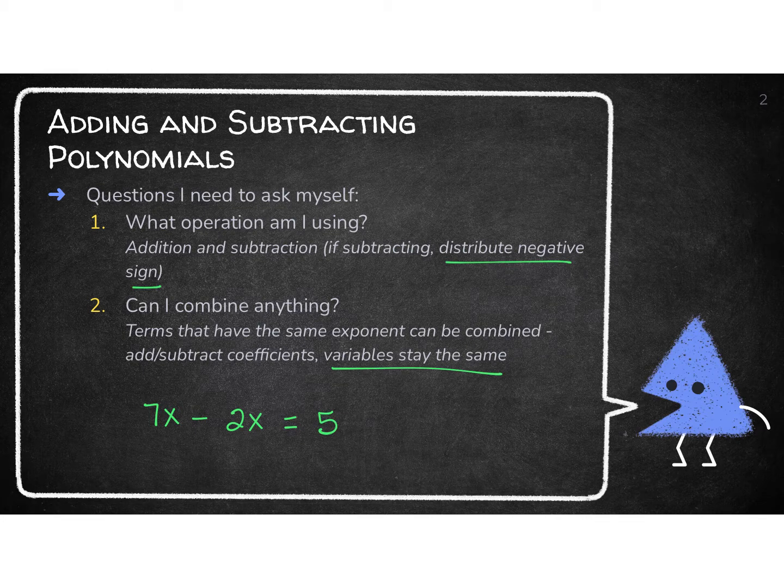Your variable does not change. It's an x. If I had 3xy plus 2x, these are not the same. That's an xy and that's an x. I cannot put those together, so I would just leave it as is. So you're going to combine your like terms where the variable stays the same. If the variable is not the same, then we can't combine them at all.